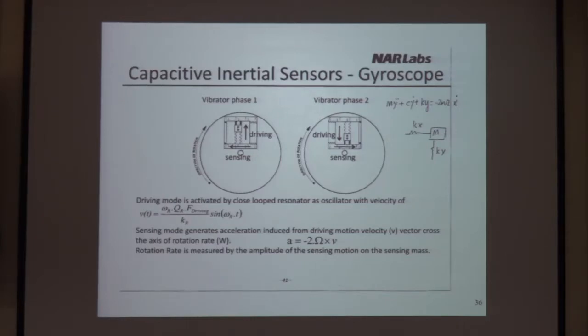So the outer product has a magnitude, and it also has a direction. The direction is defined by the normal. Use the right hand rule: the four fingers go from A to B, A cross B, and then the direction of the thumb is the direction of the outer product.